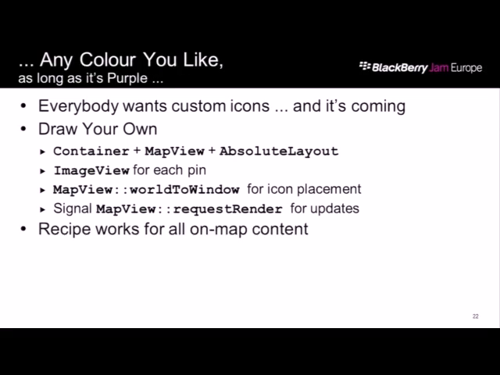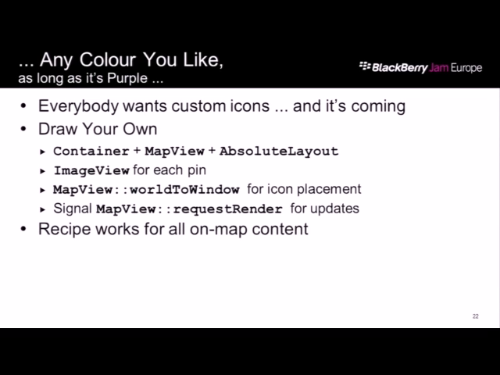Now, this recipe does not have to stick to pins. Let's say I'm writing a weather application, and I wish to overlay my map with red for areas where you have to be concerned, green for areas where you don't, and orange for areas where we don't have information, and so on.